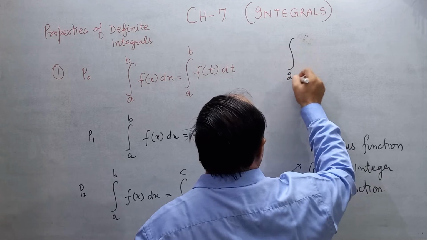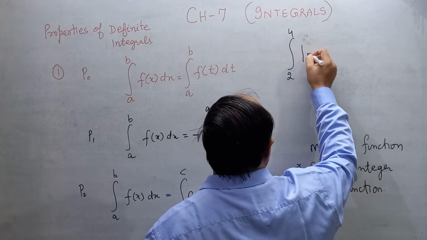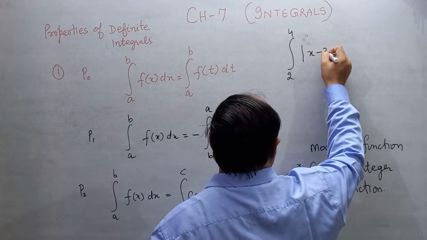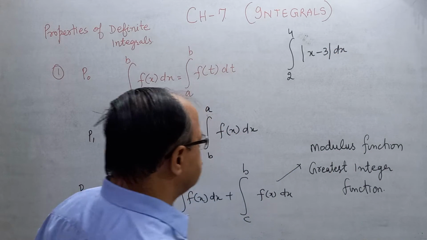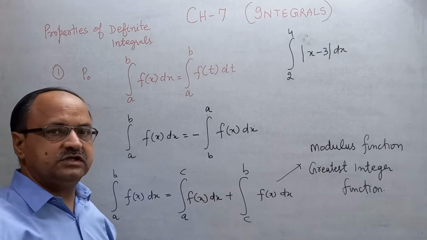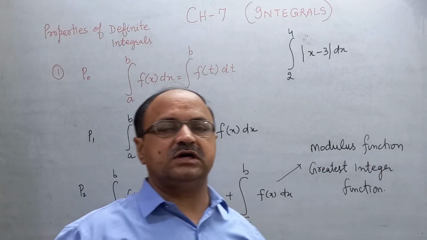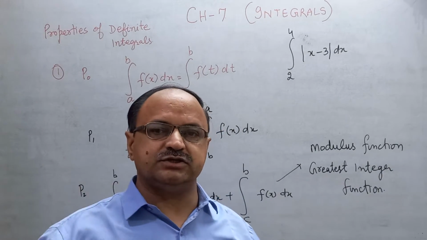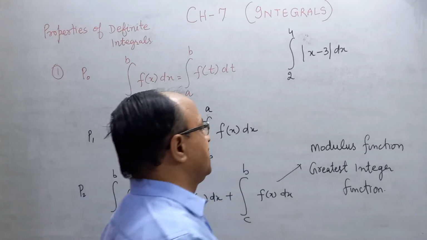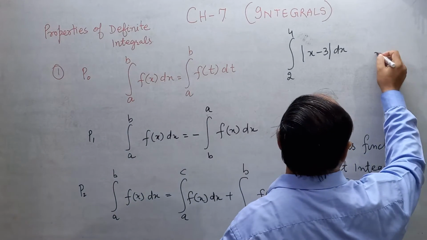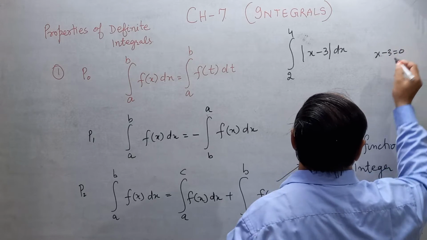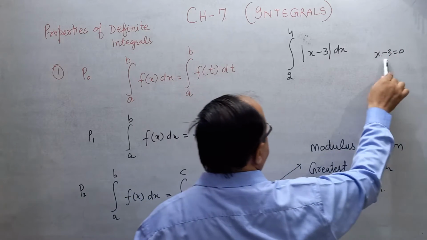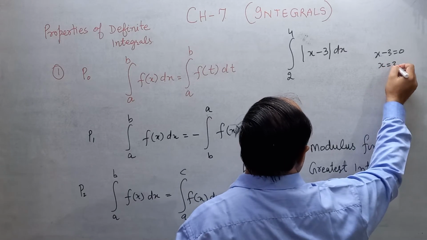Suppose integration 2 to 4, and the question is mod x minus 3 dx. This c is called the breaking point, the turning point of the modulus function. Therefore, put x minus 3 is equal to 0, then x is equal to 3.